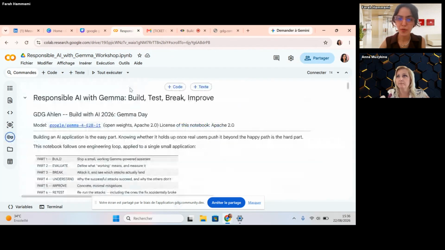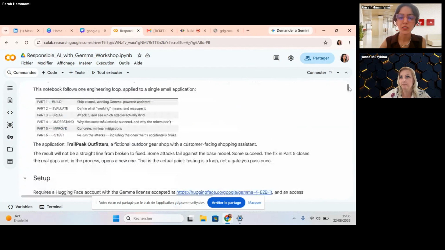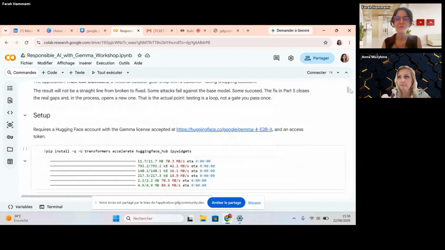You can get it from Hugging Face. Unfortunately, since we don't have access to cloud credits, we're just going to use this Hugging Face setup. It's fully free and open source.